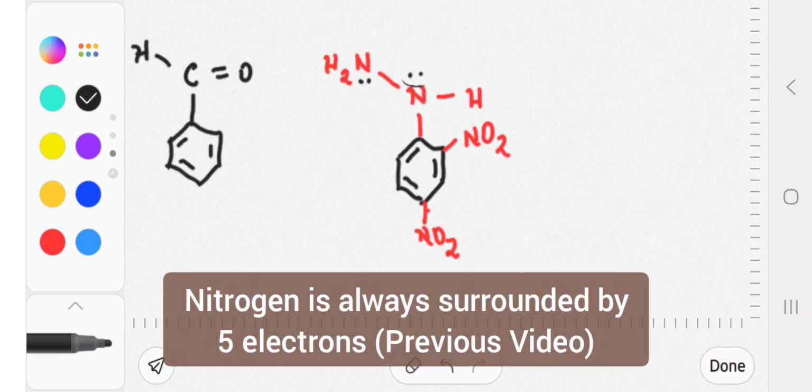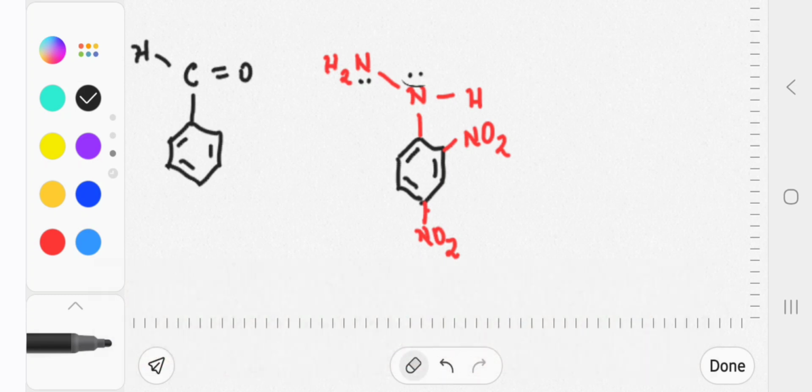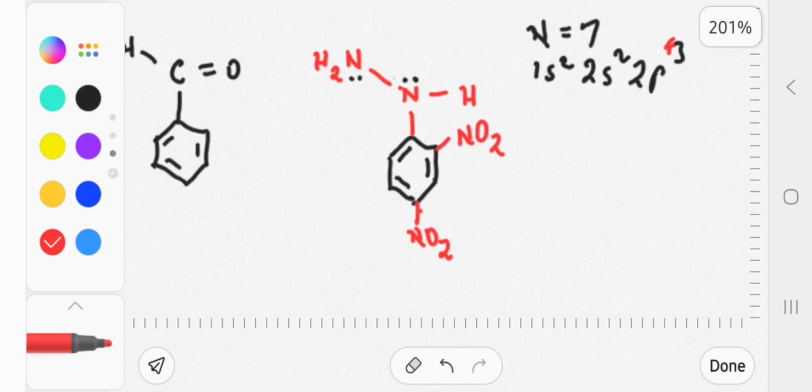Let me write this one. If you're not conversant with these non-bonding electrons, you should watch the previous video. Nitrogen's atomic number is 7, right? So if we have 1s2, then we have 2s2, that means we should have 2p3. 3 plus 2 plus 2 is 7.